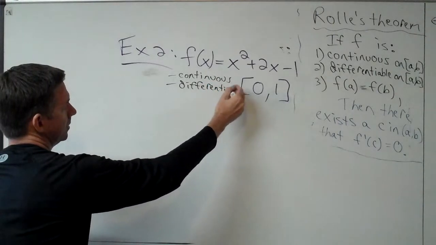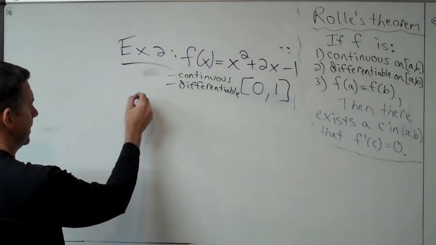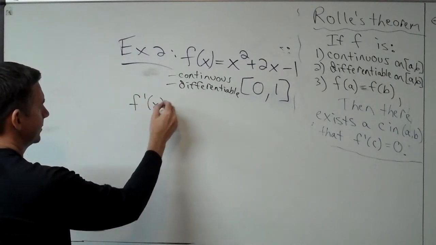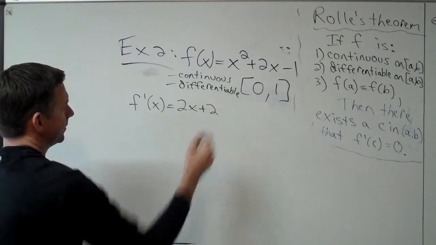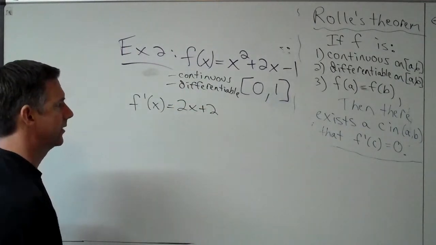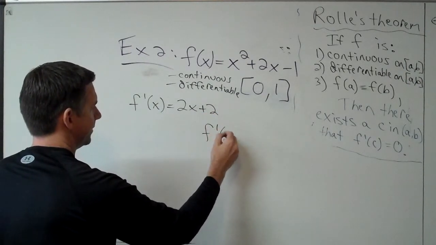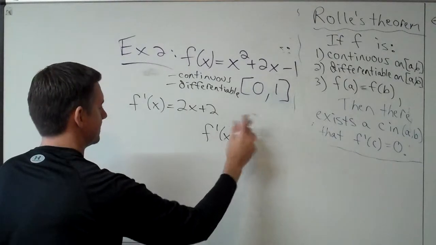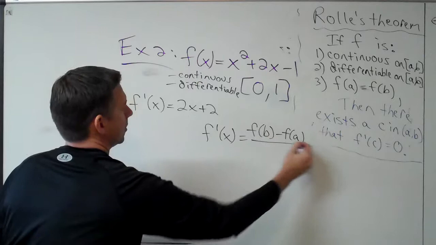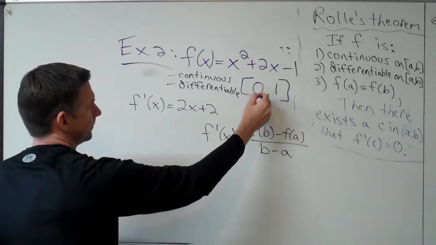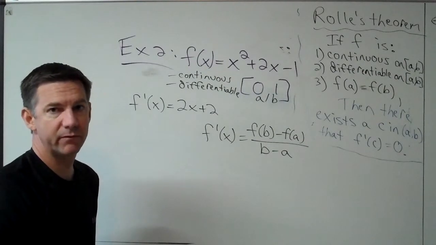So then we just need to find the derivative. f prime of x is 2x plus 2. What you're always going to do is set your derivative, so here's the mean value theorem again: the derivative equals f of b minus f of a over b minus a. The a and the b are the endpoints of the interval.